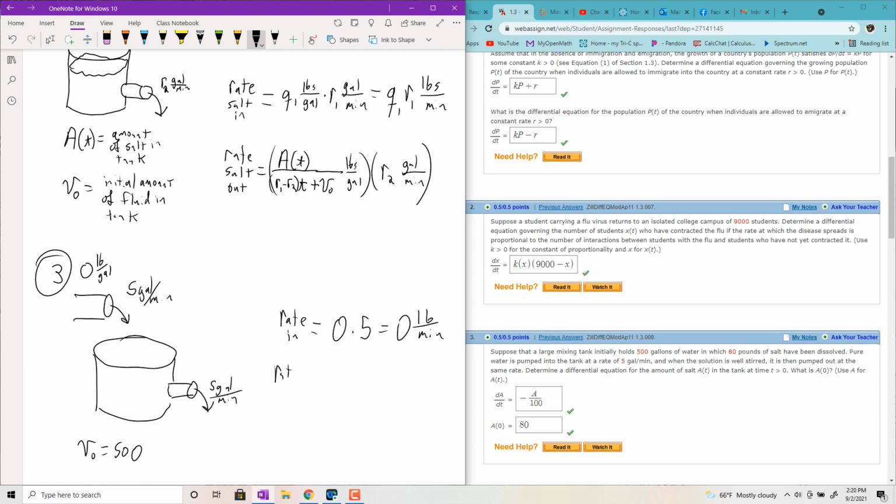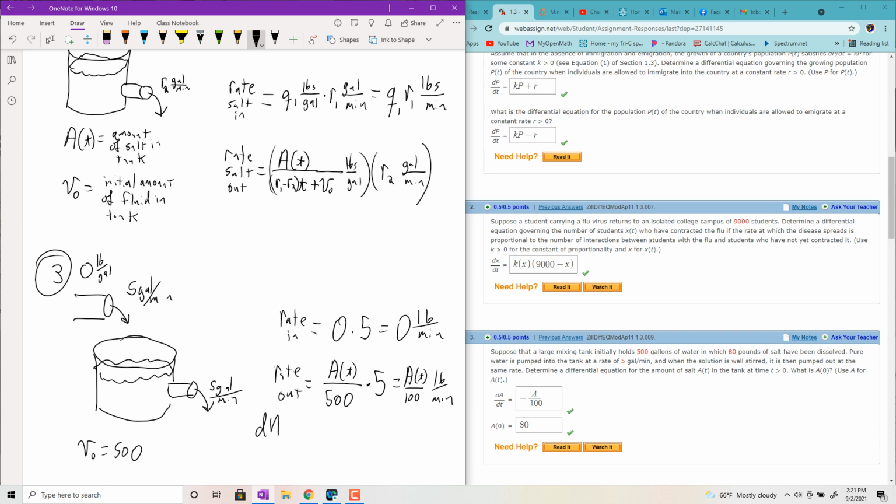And then the rate out is going to be A of t divided by, here R1 and R2 are the same, so R1 minus R2 will be 0, plus the initial amount. In other words, because the rate in and the rate out are the same, the amount of liquid in the tank is not changing. It's not going up, it's not going down. And then times the rate at which it's going out, the R2 value, and we get A of t over 100 pounds per minute.